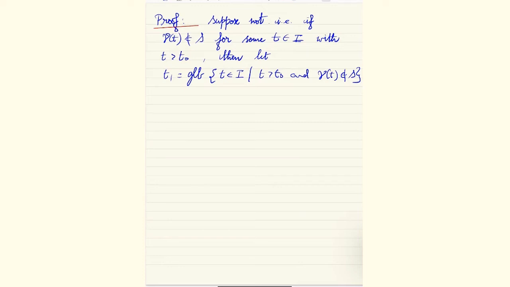So therefore there is a greatest lower bound. Now notice that f of gamma t is actually c for everything between t naught and t1.